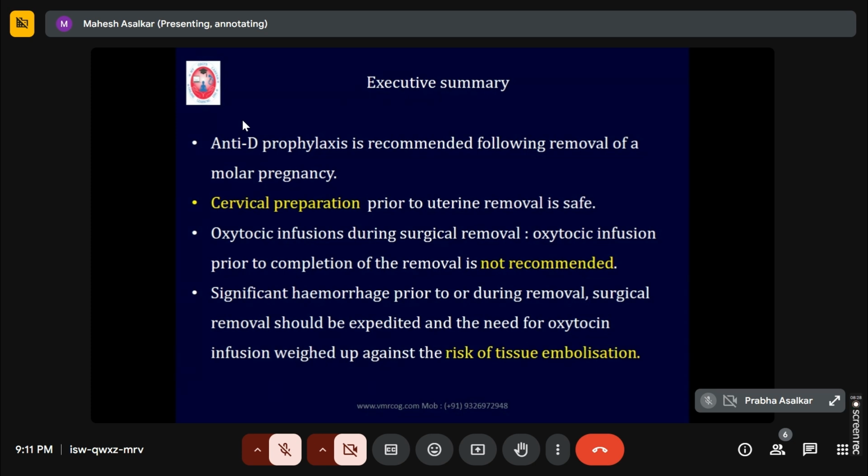In significant hemorrhage prior to or during surgical removal, removal should be expedited, and the need for oxytocin infusion weighed up against the risk of tissue embolization. So when you use oxytocin, there is a risk of tissue embolization. So it is not recommended during the removal of molar pregnancy.